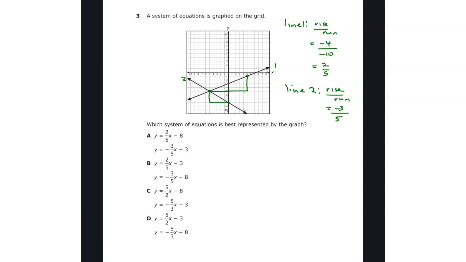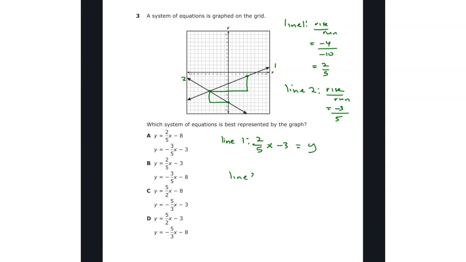Okay, so for line 1, in mx plus b, your b is -3. So line 1, I can simply say is going to be y = 2/5x - 3.